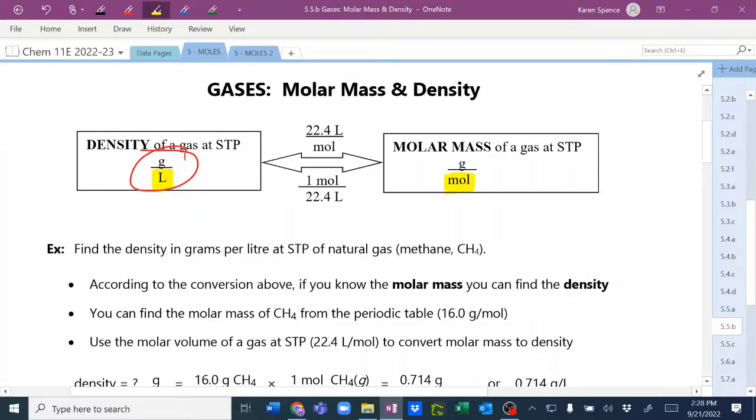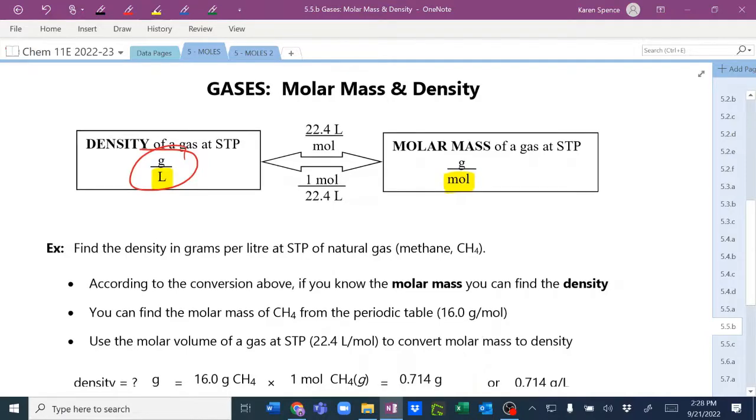You've measured the volume of this gas, you've put it on a scale, you know its density, so you can find its molar mass. Or vice versa: if I give you the molar mass, you can find the density.